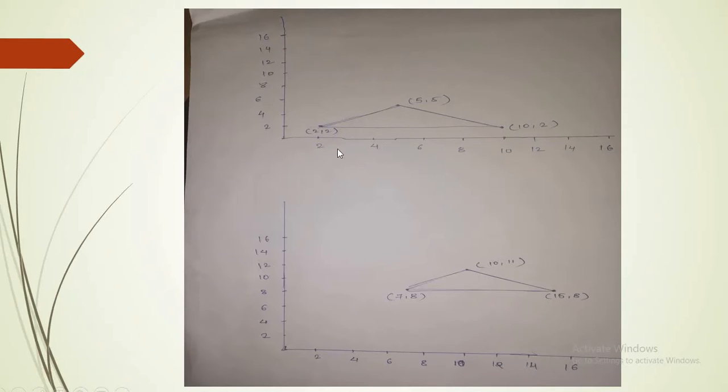Here is our old object, that is the object before translation, and here is the figure after the translation. We can see that this is above the x-axis as compared to before. Okay, so the translation is done in this image.